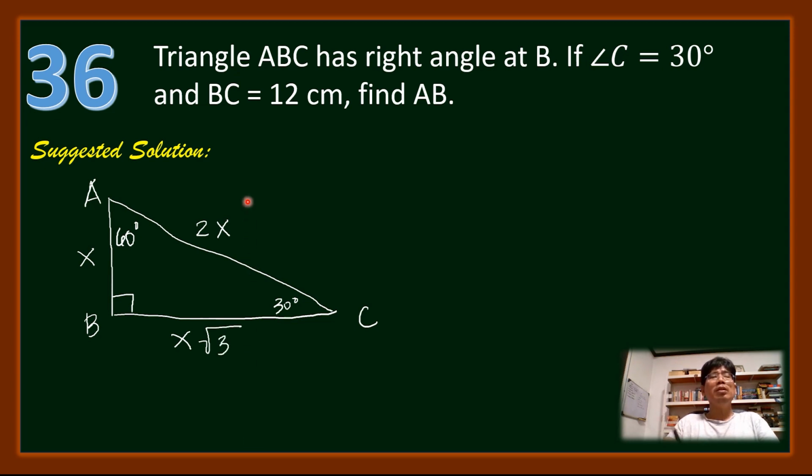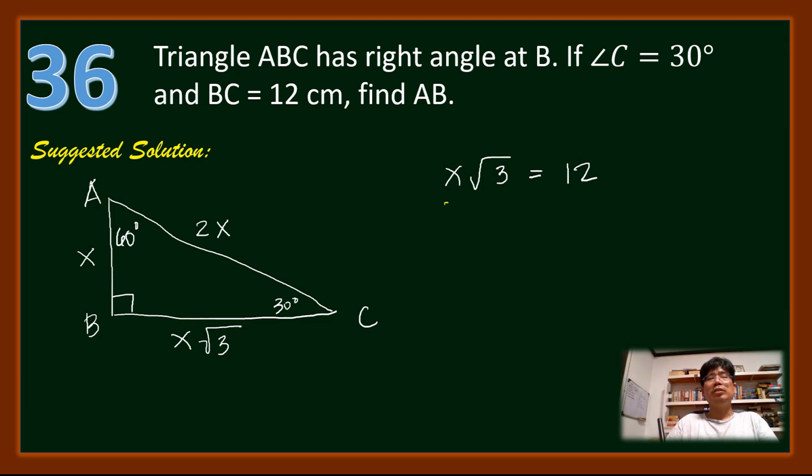From the given, we have BC is equal to 12, and from the theorem, BC is equal to x square root of 3 if AB is of length x centimeters. So we're going to equate the values for BC, that is from the theorem, x square root of 3, and the given BC is equal to 12.